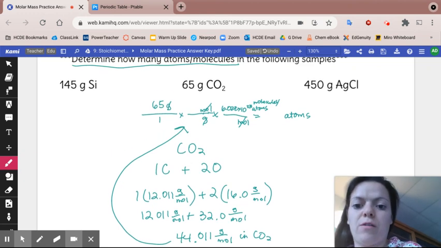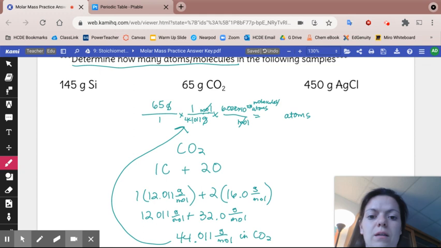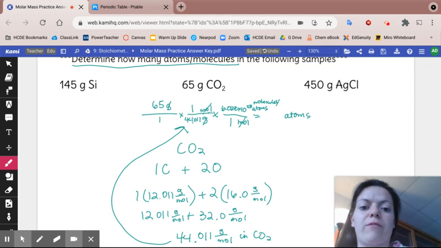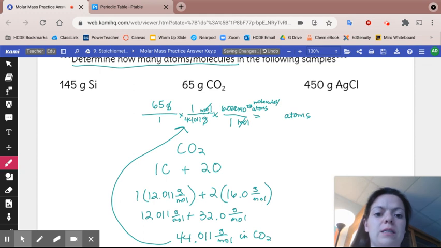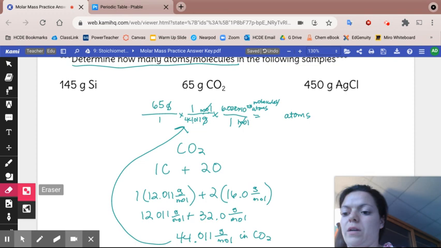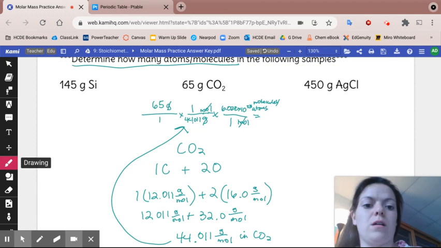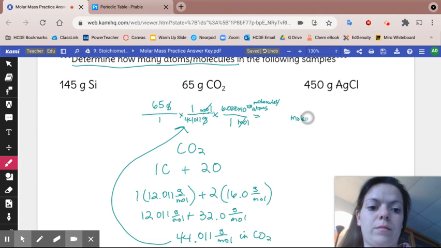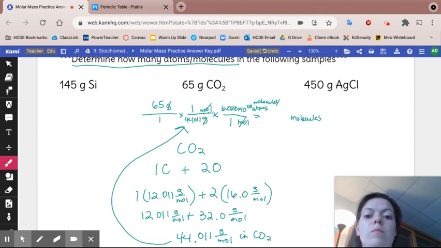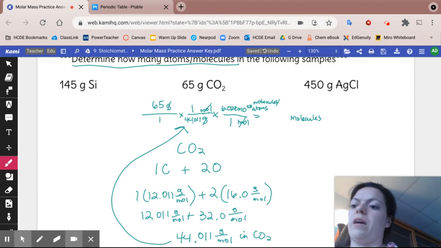So I have 44.011 grams for every 1 mole of carbon dioxide. And then I know that for every 1 mole of any substance, there are 6.022 times 10 to the 23rd molecules. And I'm going to erase atoms because in this particular case, we are looking at molecules and not atoms. Now I'm just going to do the math. I'm going to multiply across the top, multiply across the bottom, and divide.